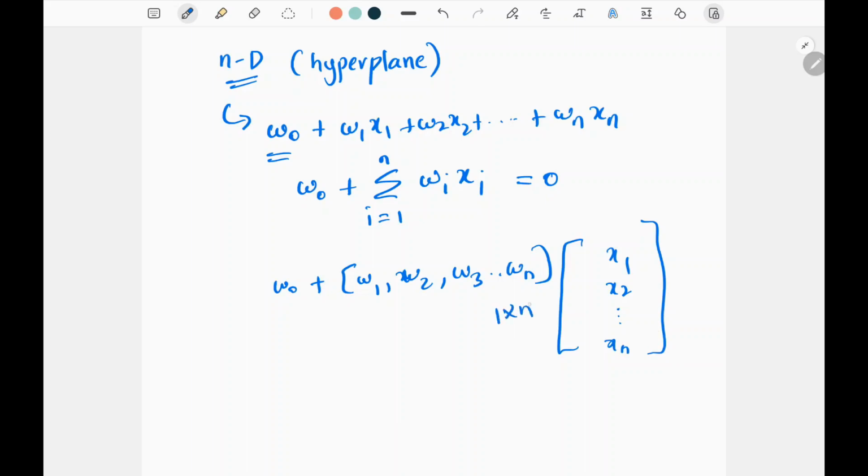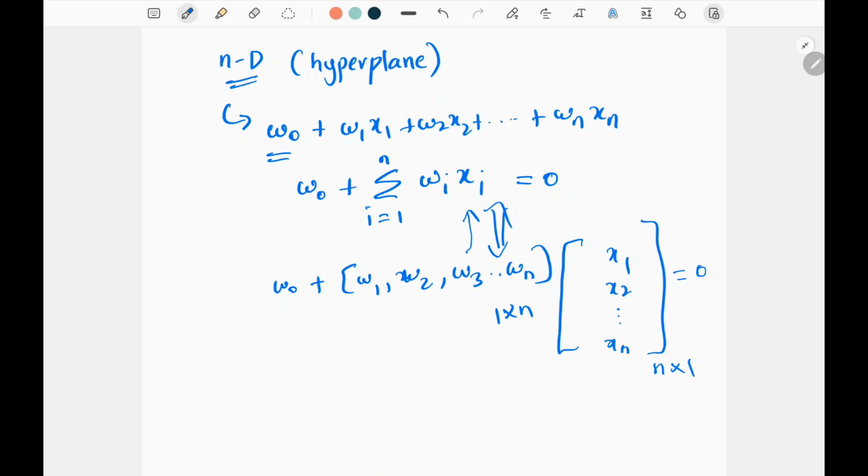This is 1 cross n and this is n cross 1. We have seen that. If you multiply this, you are going to get this term. So this is nothing but the same representation. Both are equal, so we can also put equal to 0.